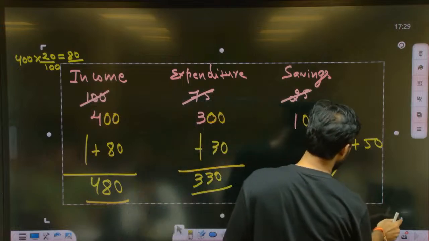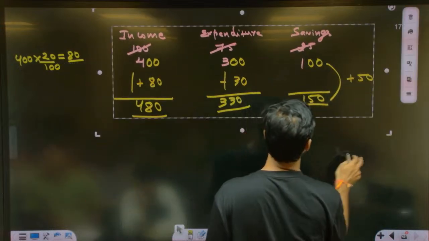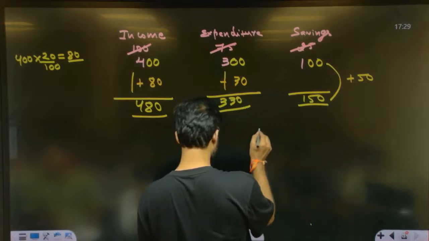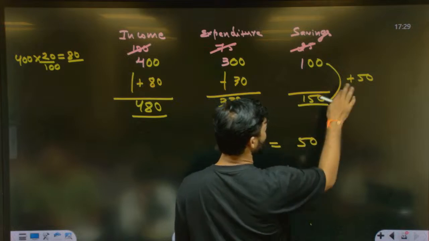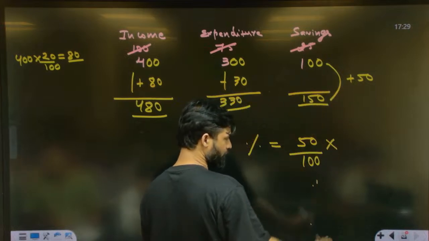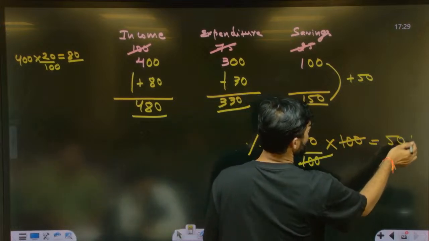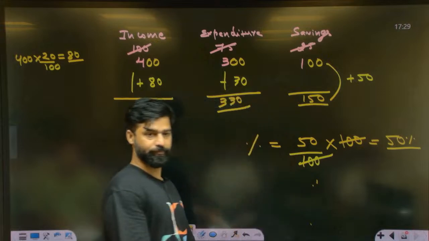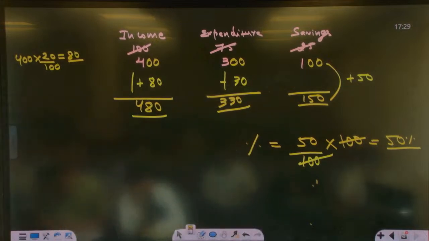So there is an increment of 50 units on how many units? 100 units. So there is an increment of 50 units on 100 units, and if we have to give the answer in percentage, we have to multiply it by 100. So the answer is 50%. Any problem in this? Okay.